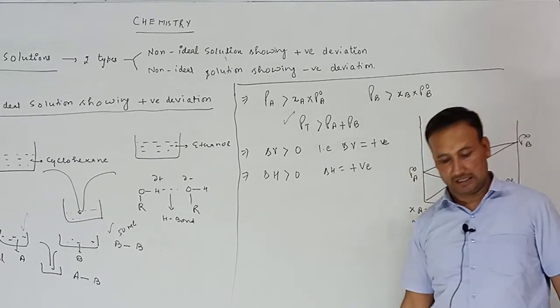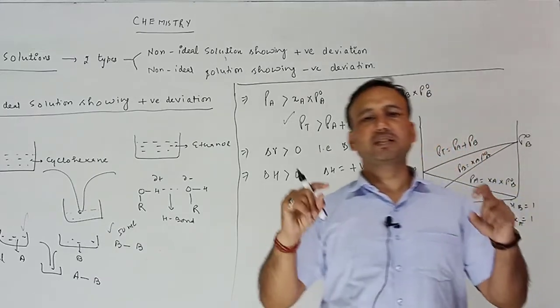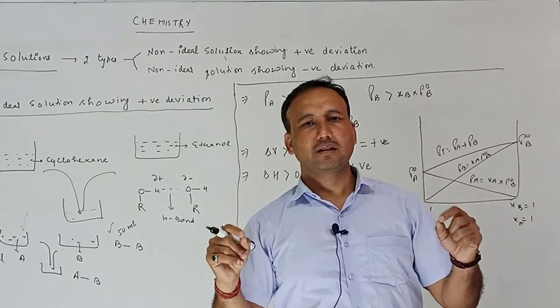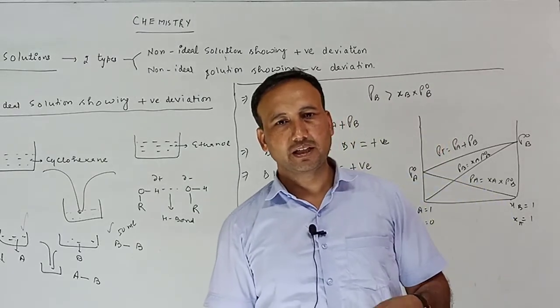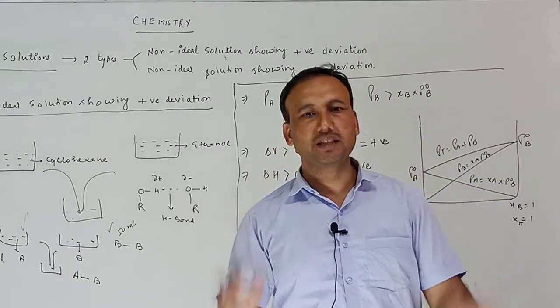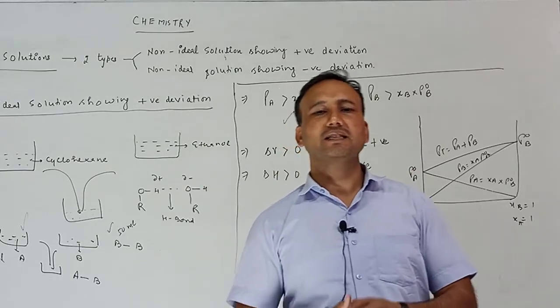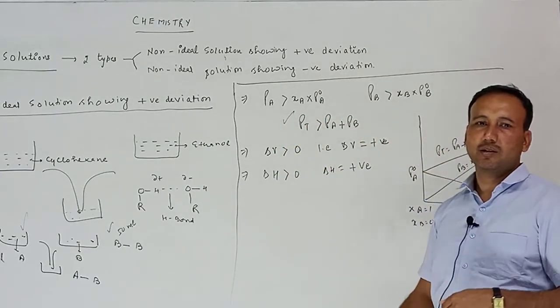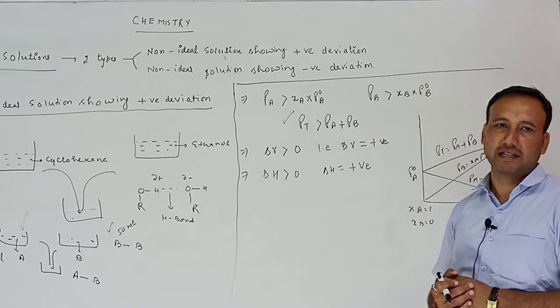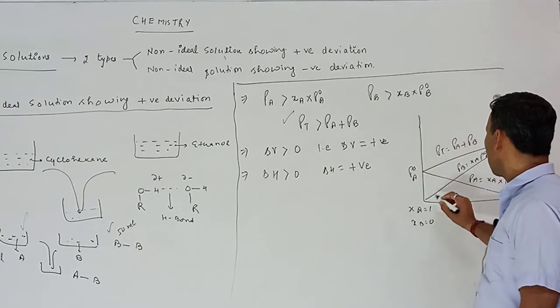Now, if on mixing the two pure liquids, the intermolecular interaction between the liquid molecules decreases, each component will have a tendency to vaporize easily. So each component will exert more vapor pressure as compared to Raoult's law.